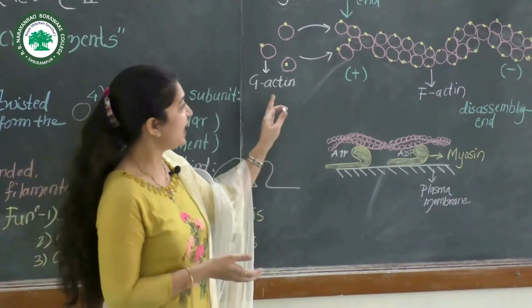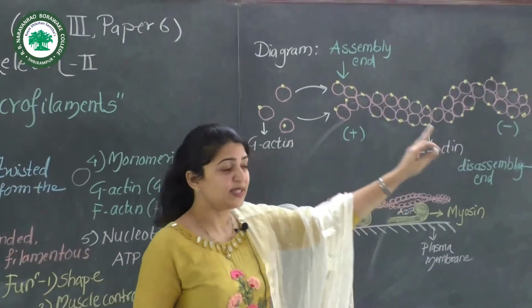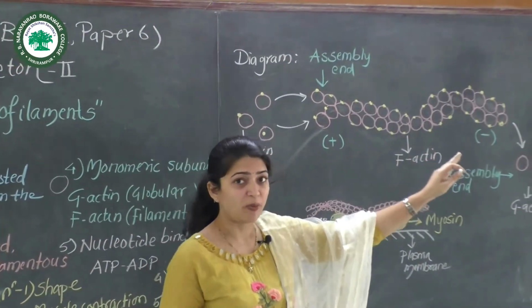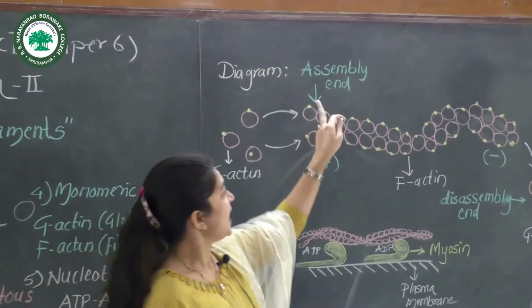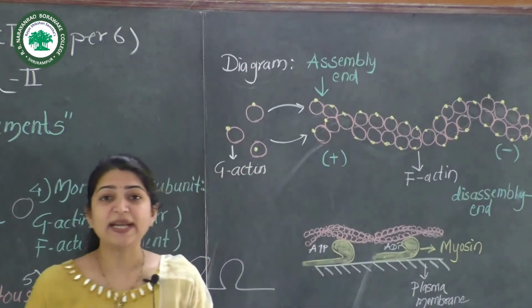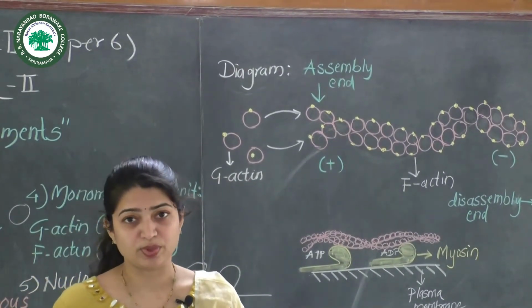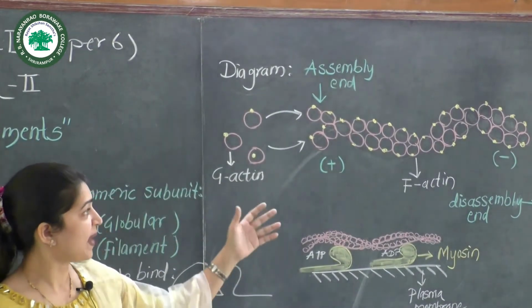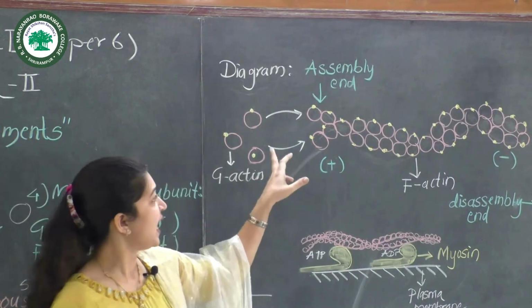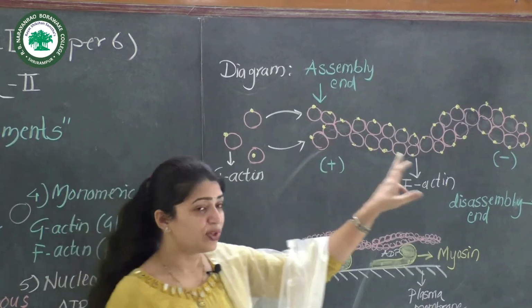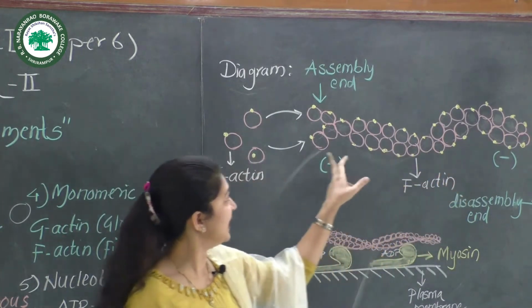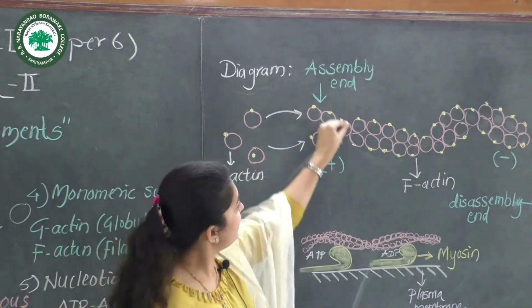Okay, so one by one this filamentous structure is formed due to polymerization of monomers. In this, a polarity is maintained like microtubules. So the microfilaments have a polarity. That means if you observe this structure neatly, there is a barbed end.